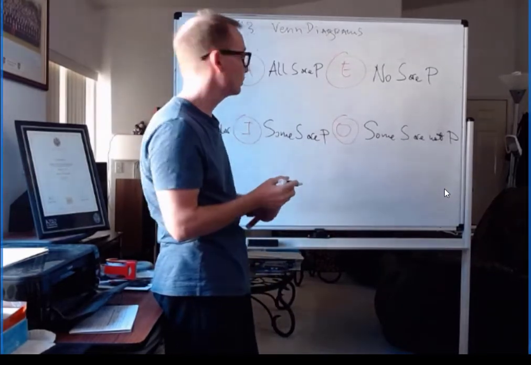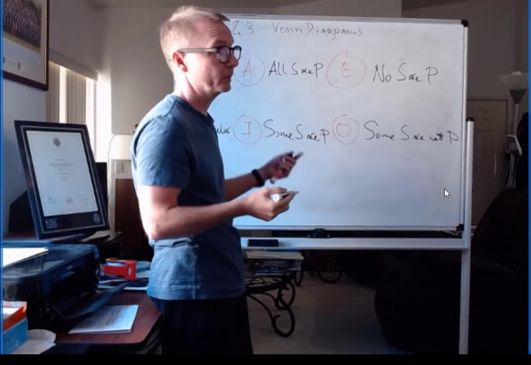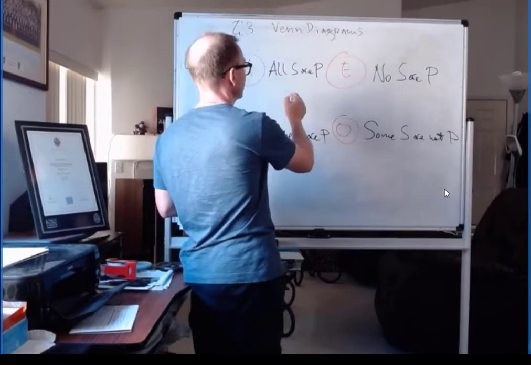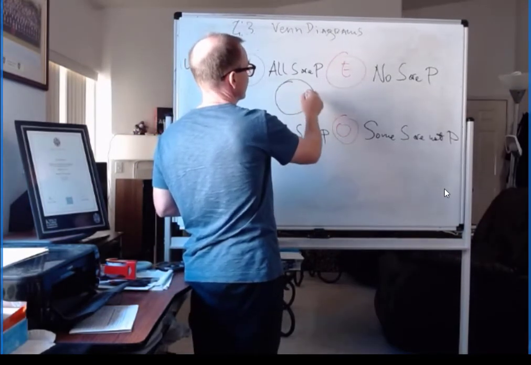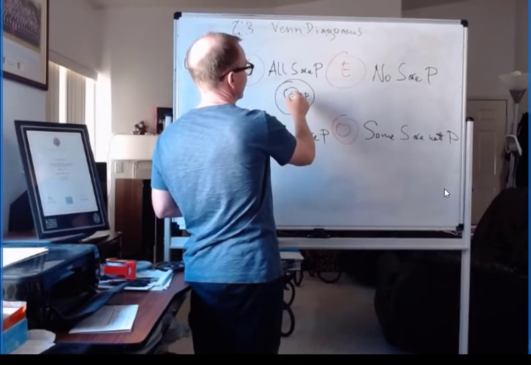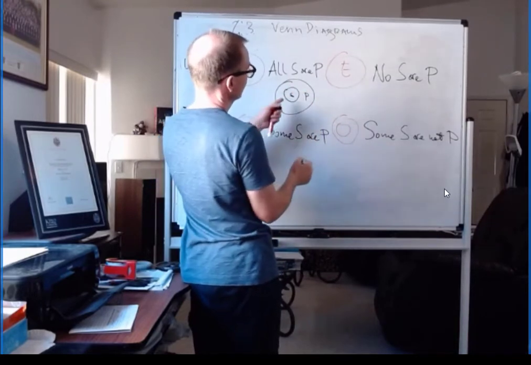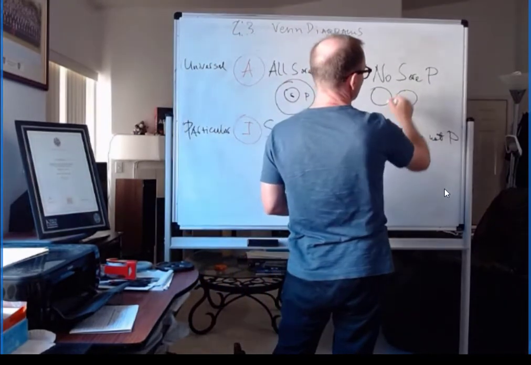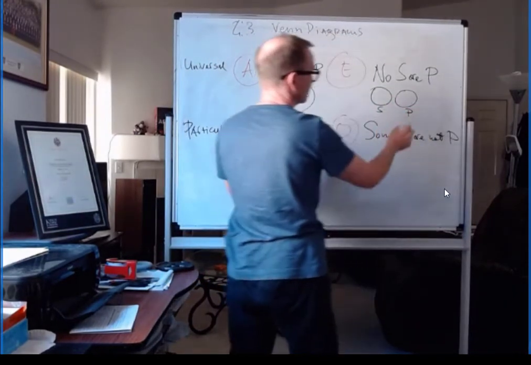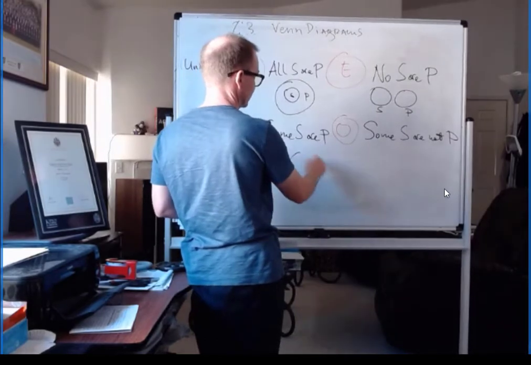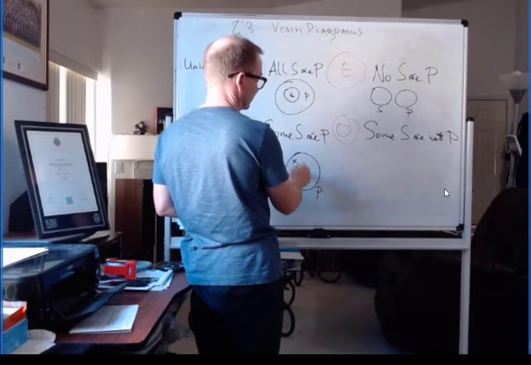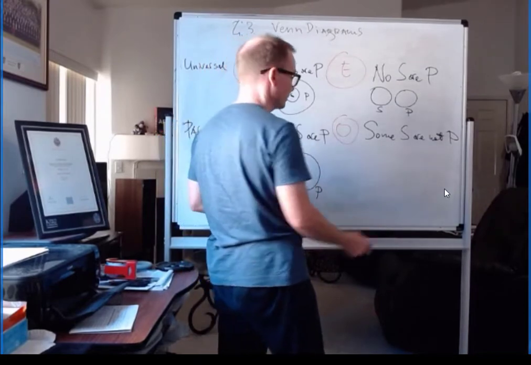Also, what you should know now is that we can actually graphically represent them, and we were doing it like this. In this case, this is P and the S is inside. All S are P. In this case, like 2 circles, S and P, completely separate. In this case, we have a circle of P, and we have a little S inside of it, just an X here.